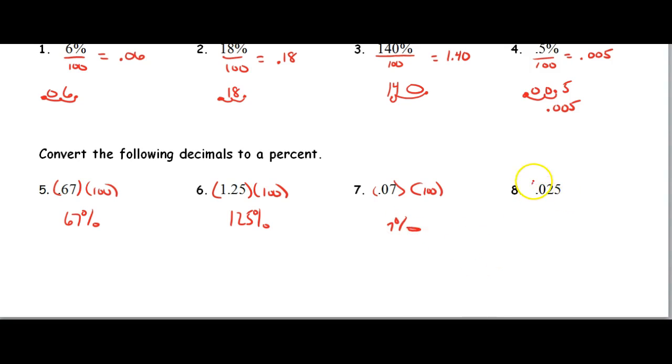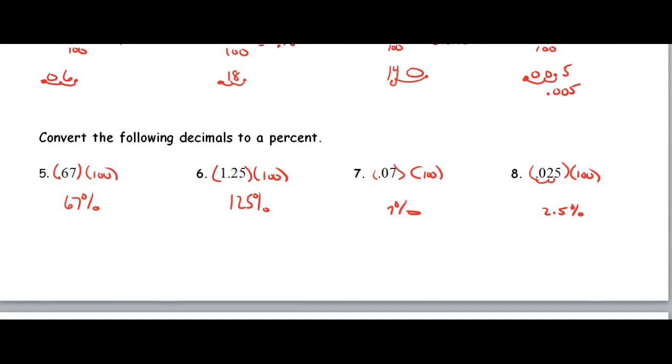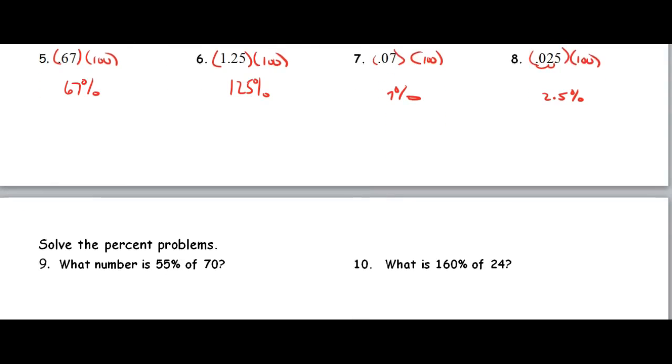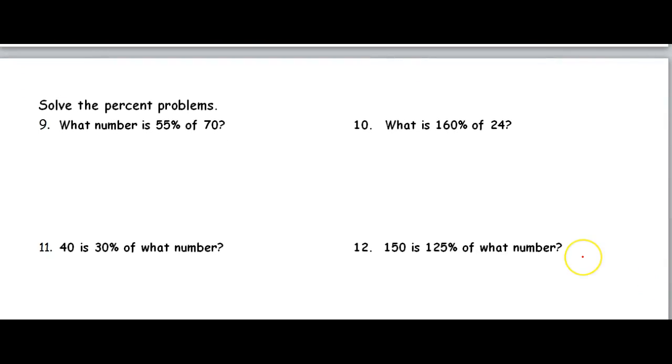And then this one, 0.025 as a percent. When you multiply by 100 or move the decimal 2 places to the right, you get 2.5%. So it's very important to be able to convert one way to another.